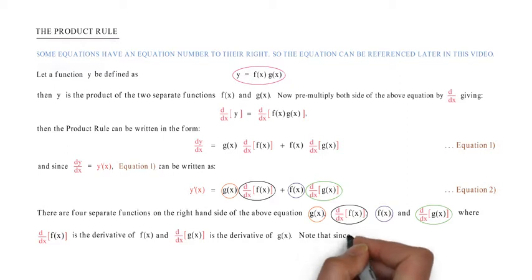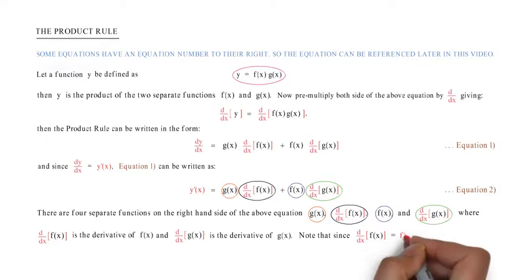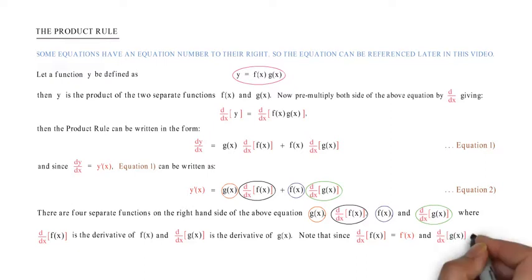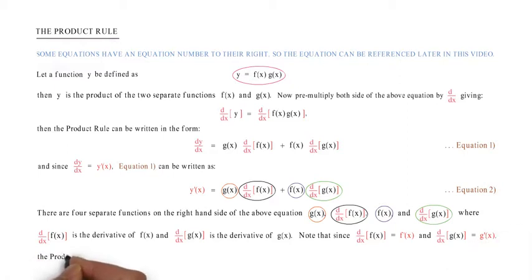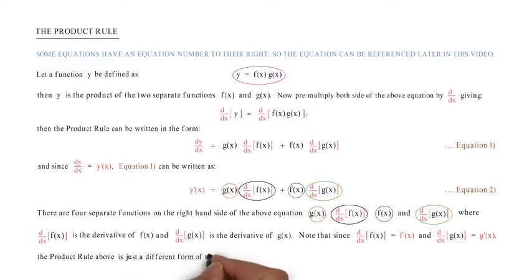Note that since d/dx of f(x) equals f dash x and d/dx of g(x) equals g dash x, the product rule above is just a different form of the product rule used in video 2 and video 3.